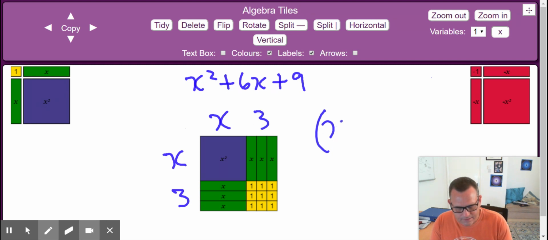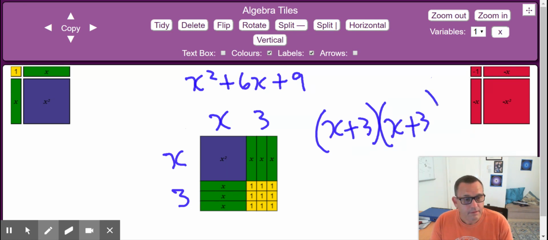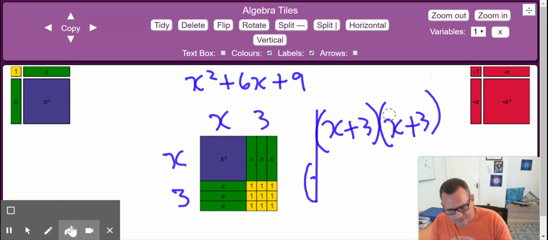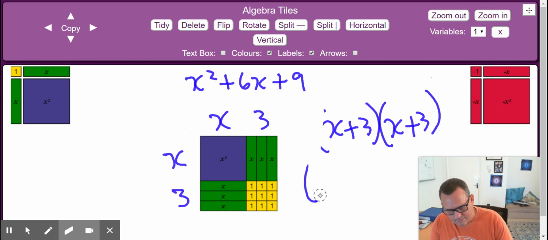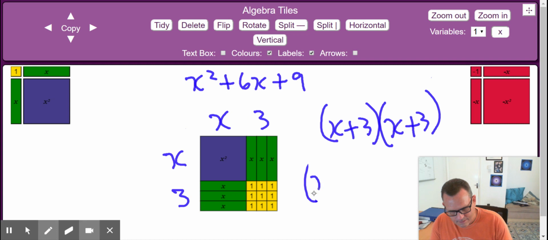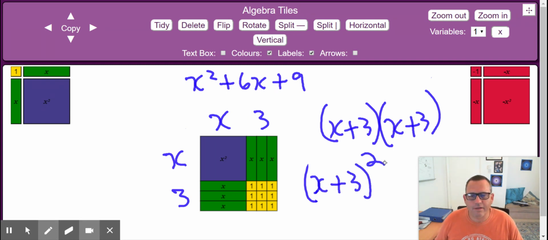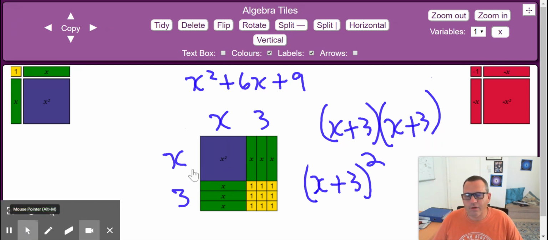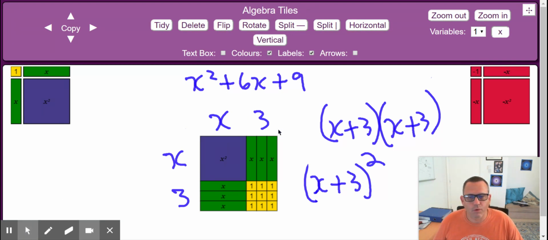So factorized, this is x plus 3 times x plus 3, or as we would say, x plus 3 squared. Notice what's special about this rectangle. It's a rectangle, but it's a special rectangle. It's a square, isn't it? And this is where our focus is going to be shortly, is on squares.